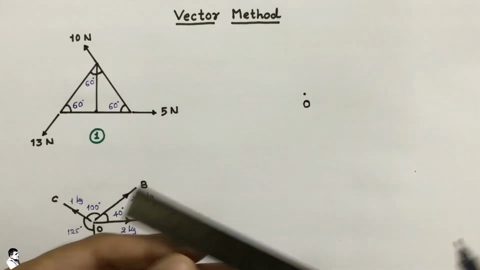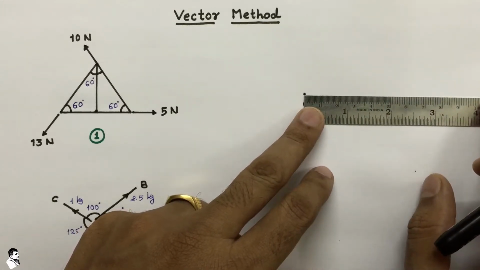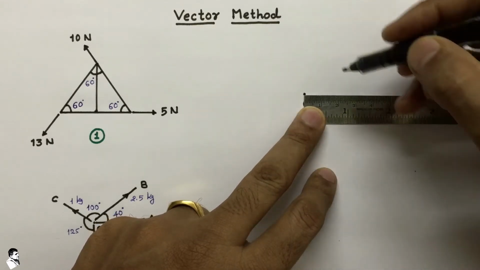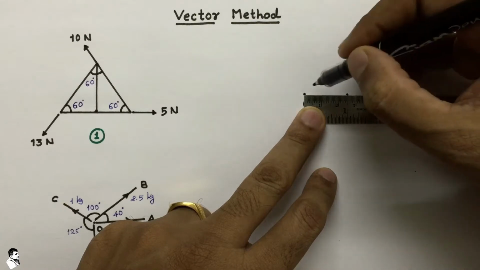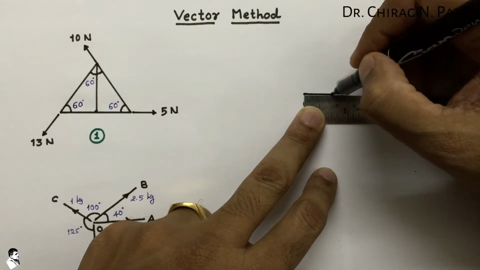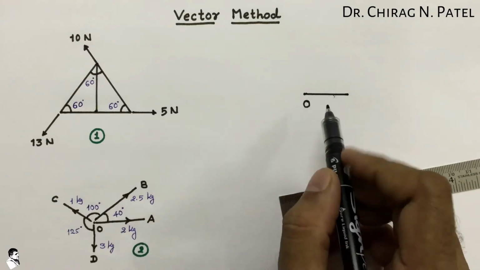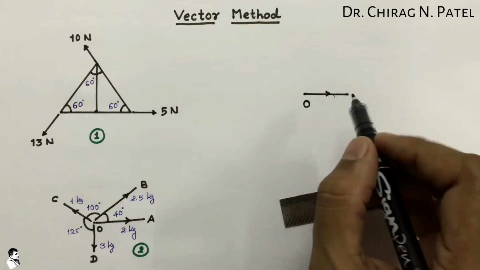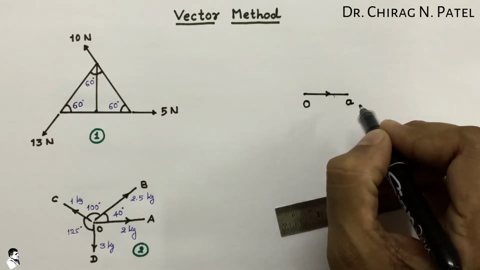So let us take one very small scale that represents 5 Newton in the given direction of the force. We make exactly half of that given force. So we take here 2.5 centimeter, considering the direction of that 5 Newton, and we provide a point A here.